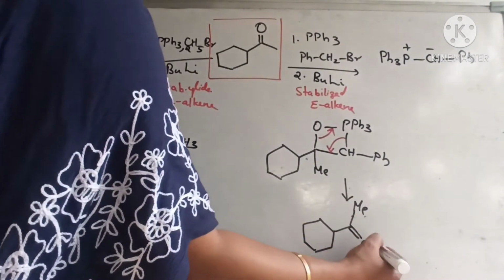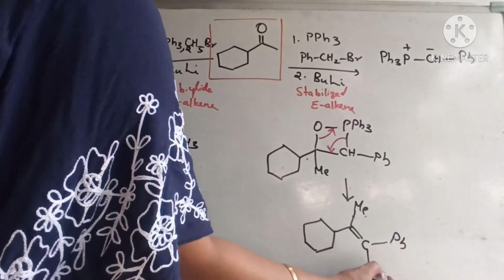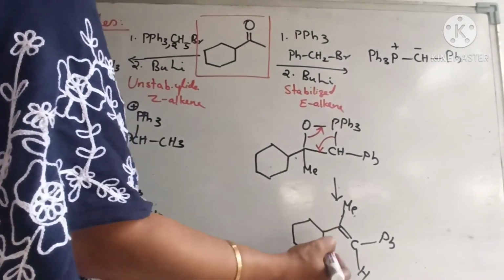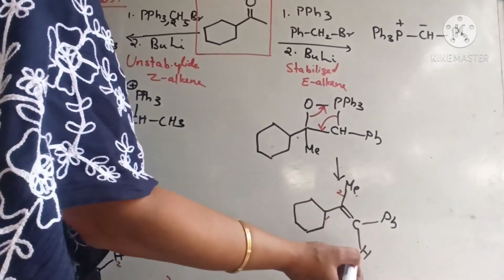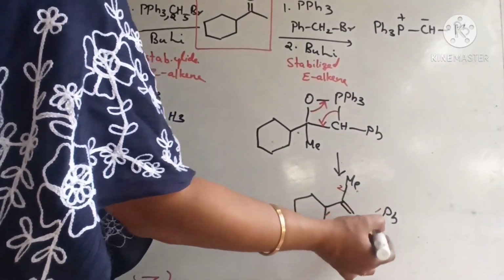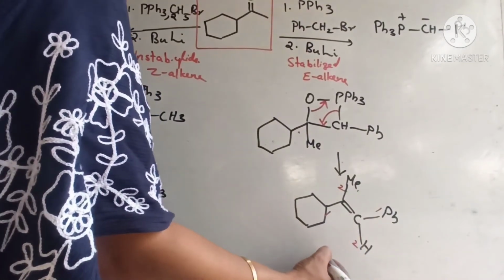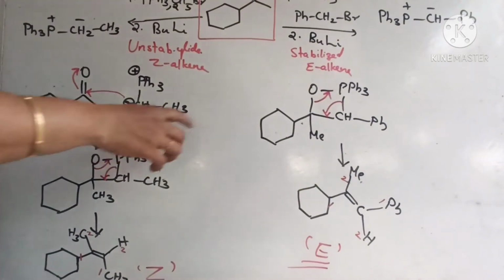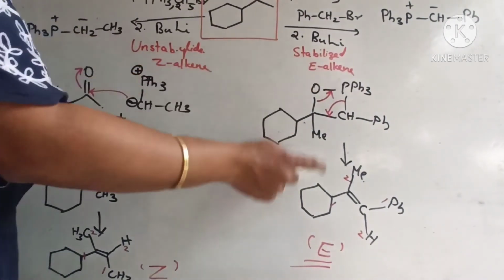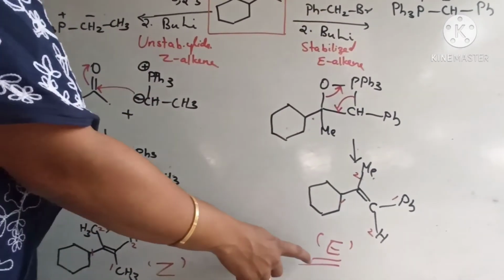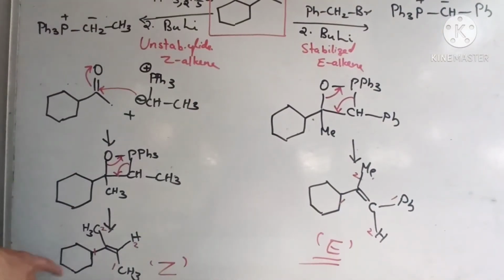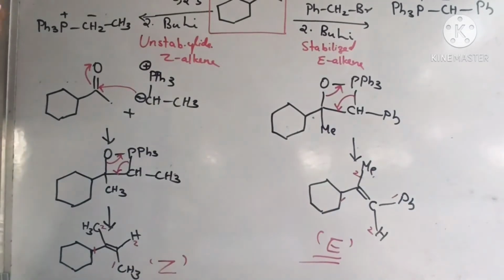If it is Ph over here, hydrogen over here, and we have to see the priority. This will get priority number 1, 2. Now if you are considering over here, this is 1, this is 2. So this is obviously an E-alkene. So basically you have to understand, stabilized phosphorus ylides will be giving E-alkenes, unstabilized ones will be giving Z-alkene. So accordingly you have to write down the product.